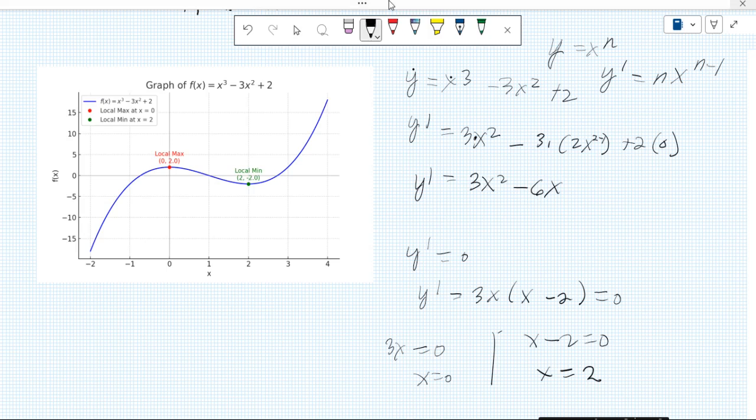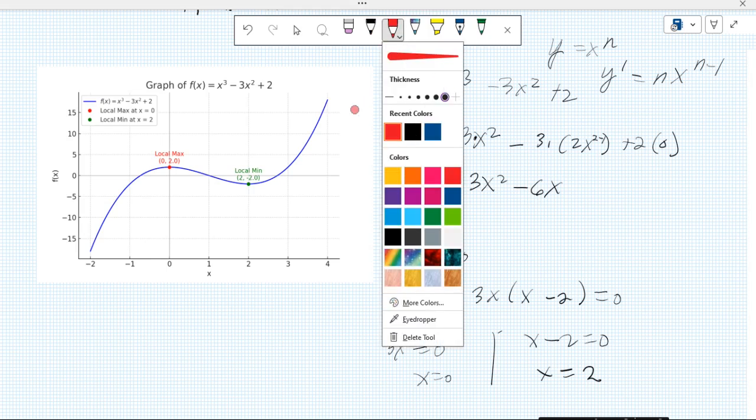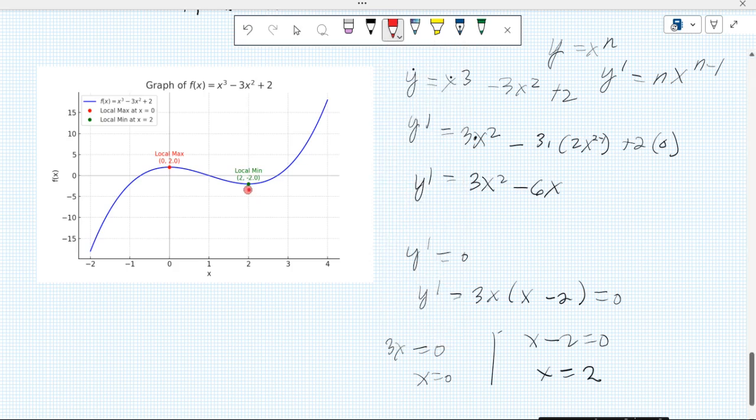And do you see that in the graph? Yes. As you can see now, we have a relative maximum at 0. So this one is a maximum. And a local minimum at 2.